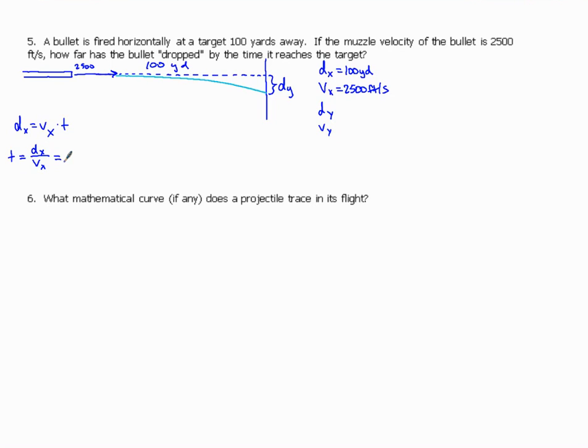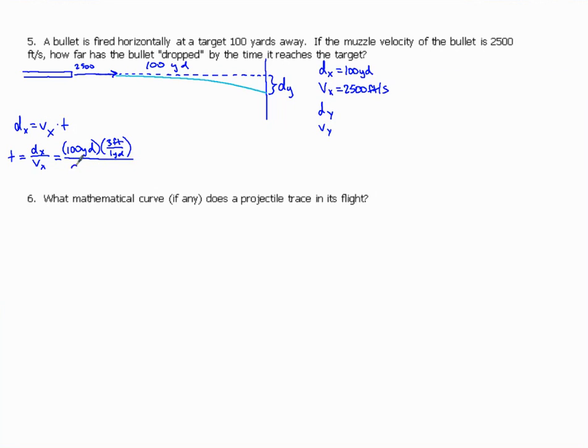We know the distance, it's 100 yards. And we have other units that are in terms of feet per second, and we're talking about how far did this bullet drop. I think it's going to be better for us if we change yards to feet. So we know that there's 3 feet in 1 yard.